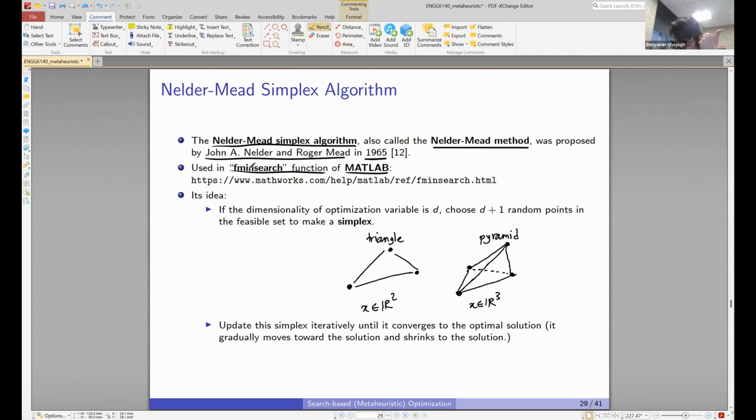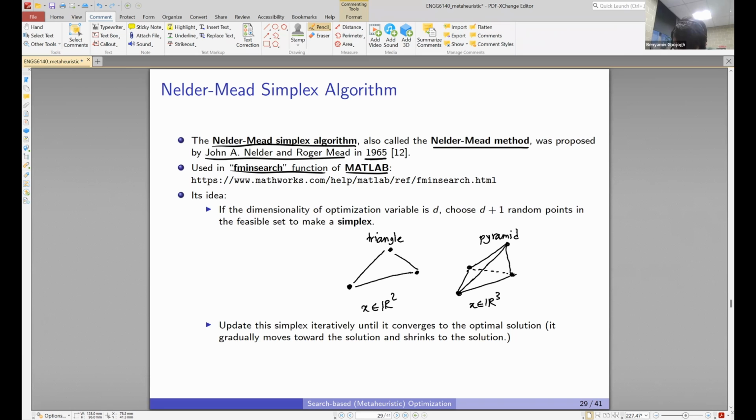And what is a simplex? A simplex is a generalization of a triangle or pyramid to higher dimensions. So in R2, a simplex is a triangle. In R3, a simplex is a pyramid. In R4, then you need to imagine it. As you see, in R2 we need 3 corners or 3 points. In R3, we need 4 corners.